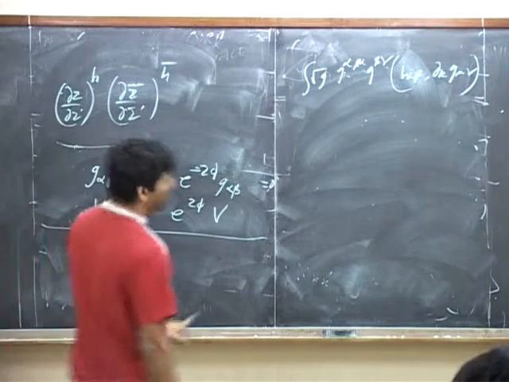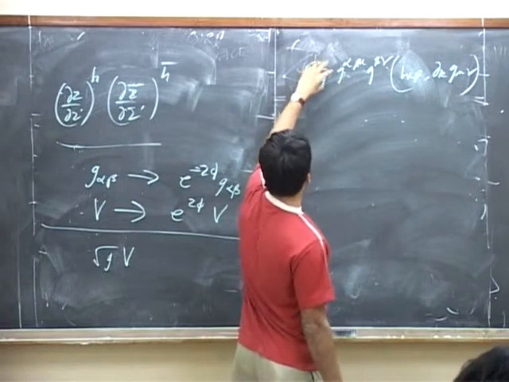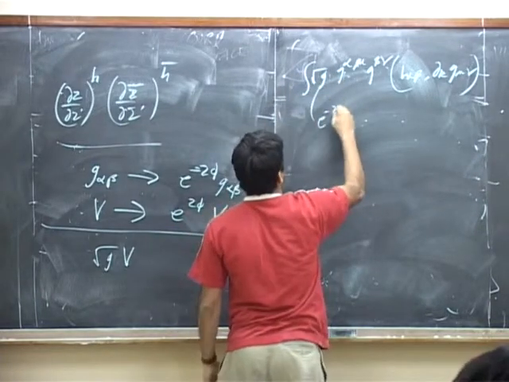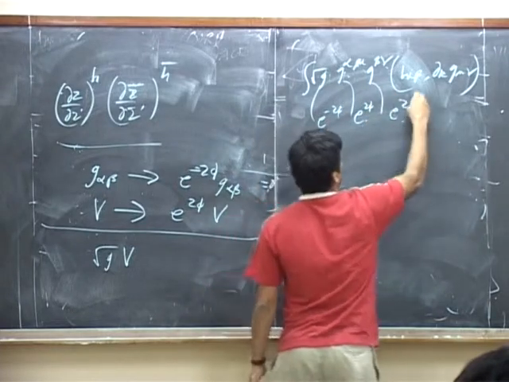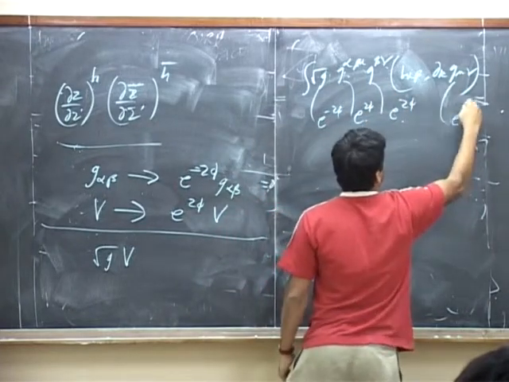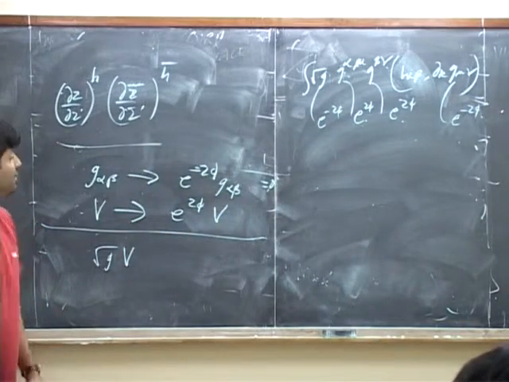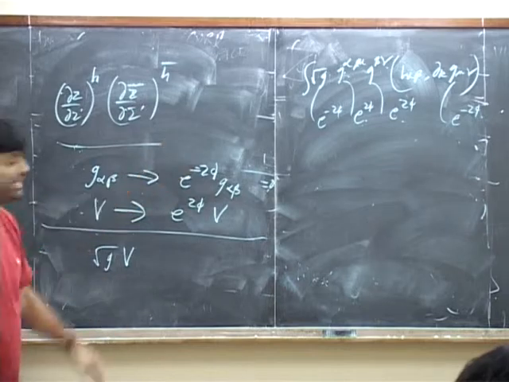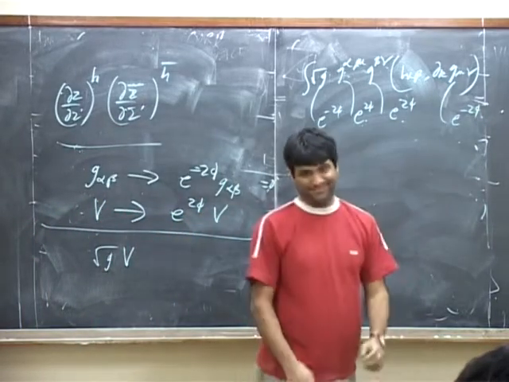First, let's count weights. Suppose this transforms like e to the power minus 2 phi, this transforms like e to the 2 phi, this transforms like e to the 2 phi, and this transforms like e to the power minus 2 phi. So this looks okay. It's all cancelling, except that this del k can act on phi.